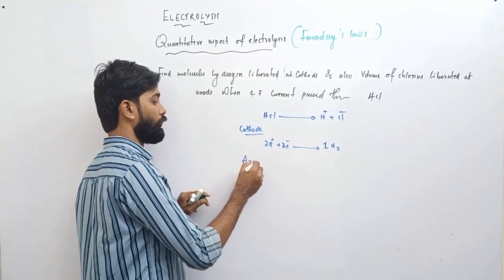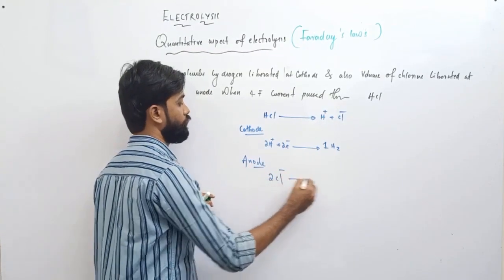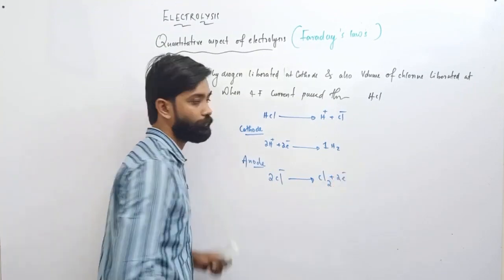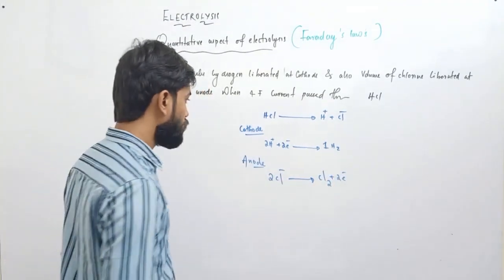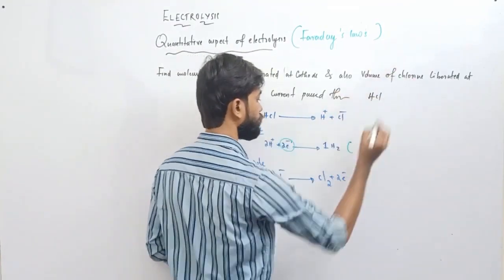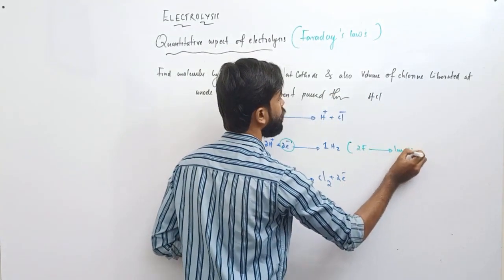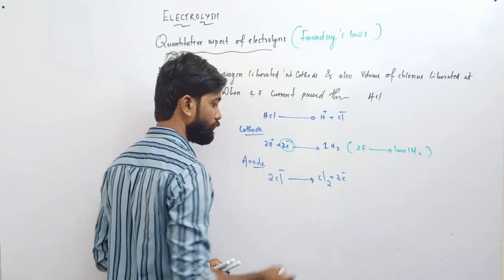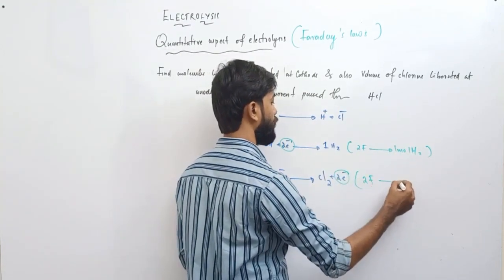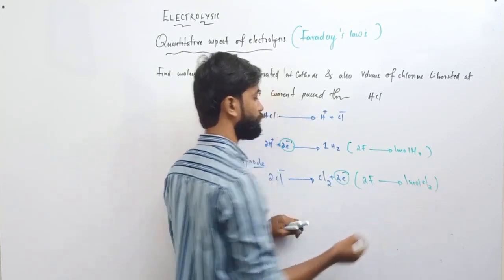What is the reaction at anode? 2Cl minus becomes chlorine by dropping 2 electron. So it is clear that the electron involved is 2. So 2 farad supplied, 1 mole hydrogen deposited. Here also 2 farad supplied, 1 mole chlorine liberated.